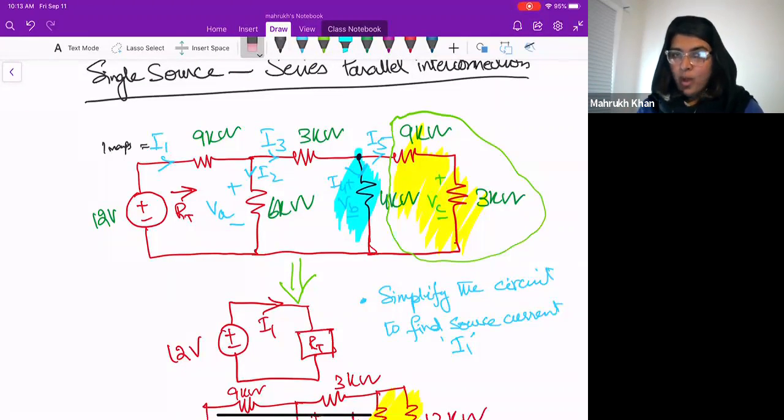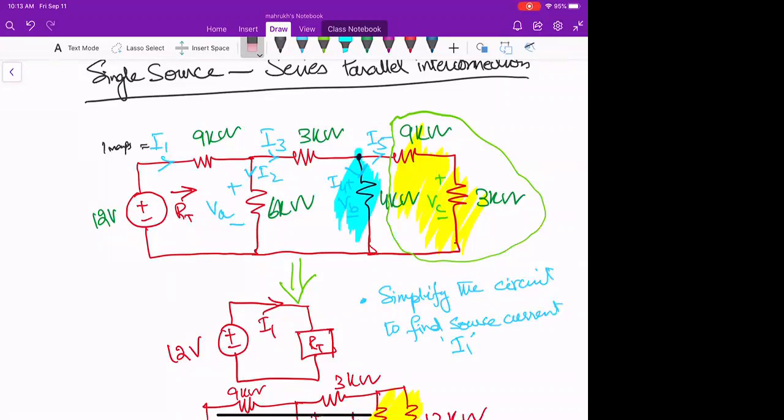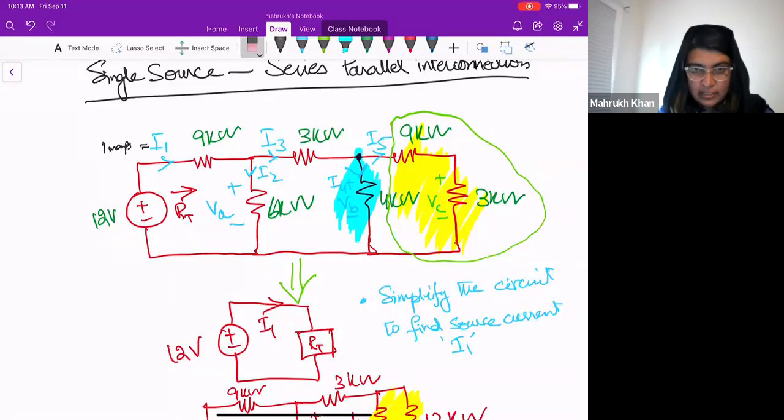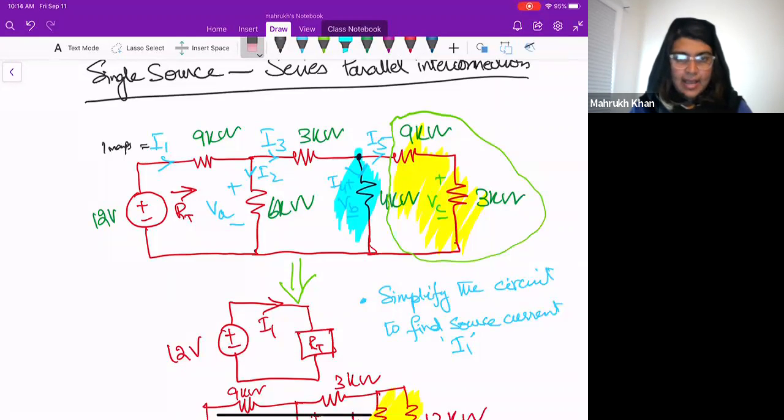Once you have I1, what is the immediate thing you can find out? The voltage on the 9 kilo ohm resistor. Yes, the voltage across the 9 kilo ohm resistance.